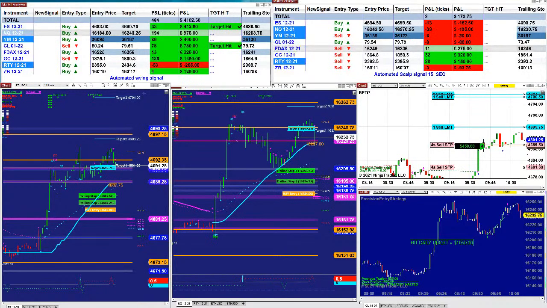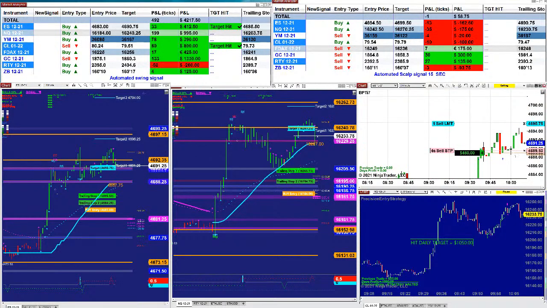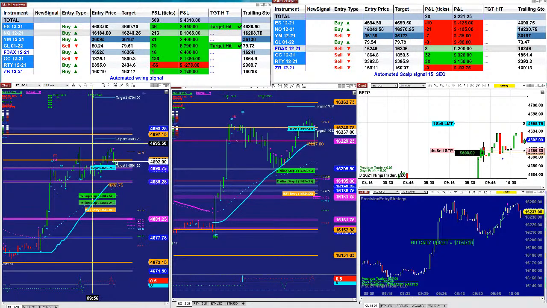You can see how this trade on the ES came in right at the 4689.50 because of the support, right in line, and it's going right back up again, and most likely will hit target 2. We'll monitor if it's going to hit target 2.